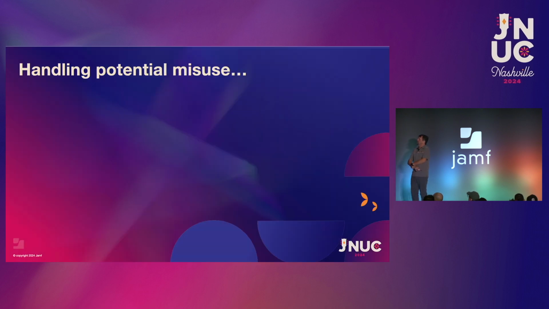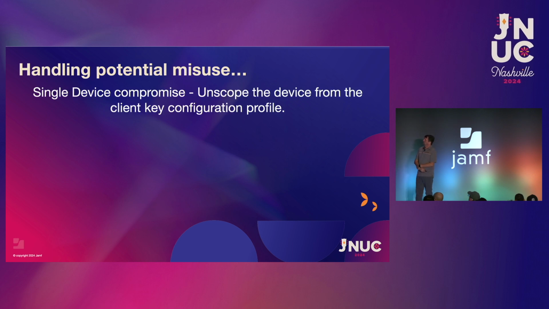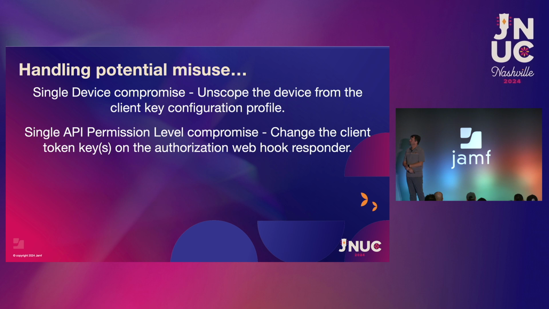So, handling potential misuse. For single device compromises, like if you have a computer that's being a little chatty, you can unscope the client key from that machine, at which point it won't be able to talk to the webhook anymore, and it'll stop.